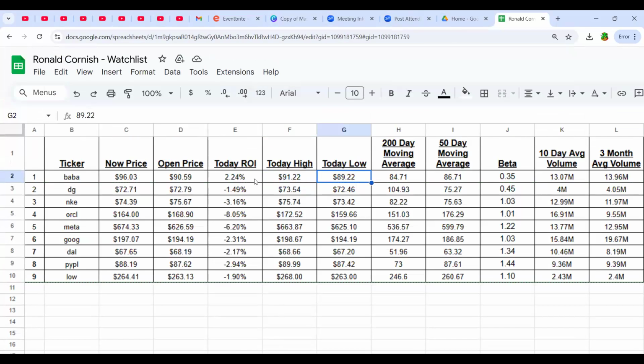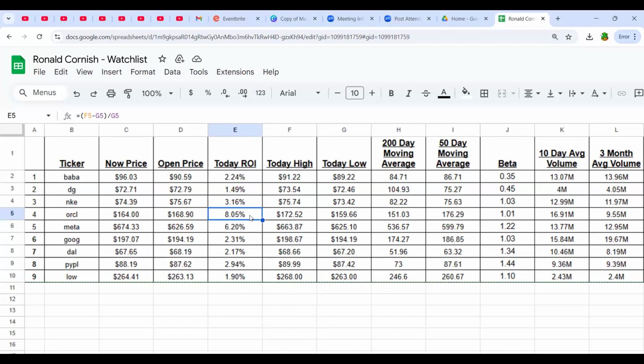On the day you did your homework, this column is reflecting the difference. So in this case, on the day you tracked it, Oracle went up 8% in that one day. And we know there's no bank on earth that's going to give you 8% in a year. So it's just giving you a reflection of how stocks can go up or go down. On the day you tracked it, all the stocks on your watch list happened to go up.